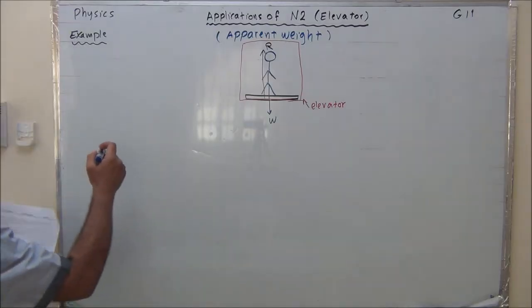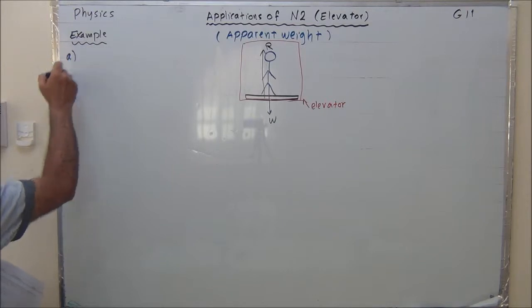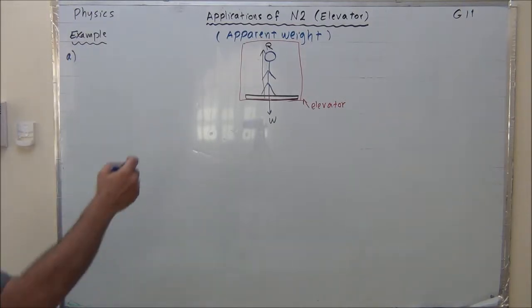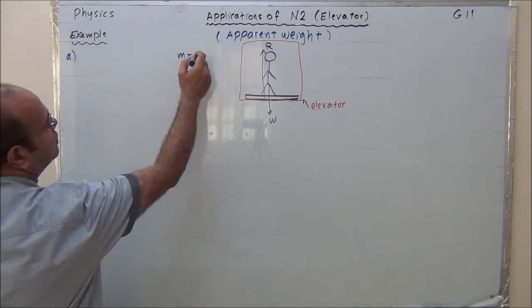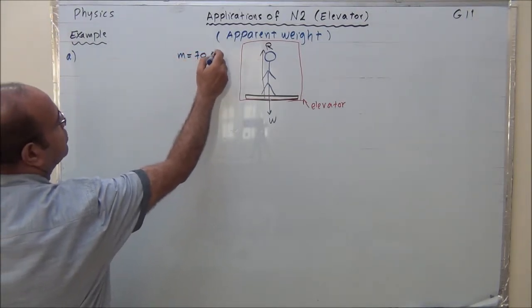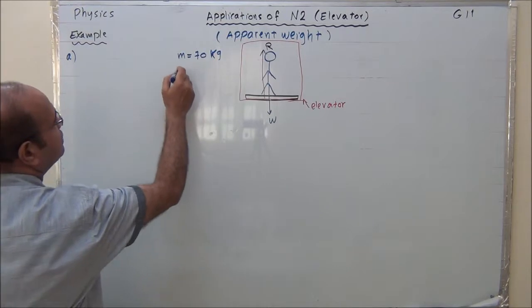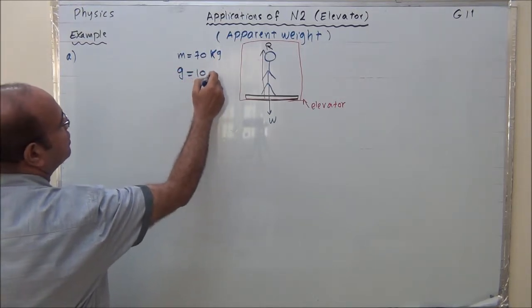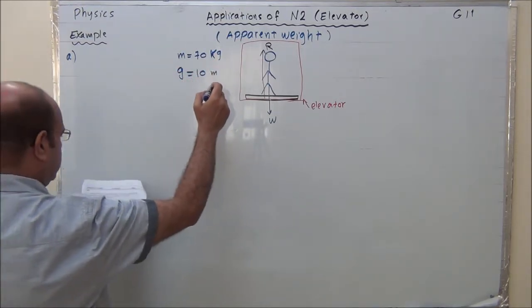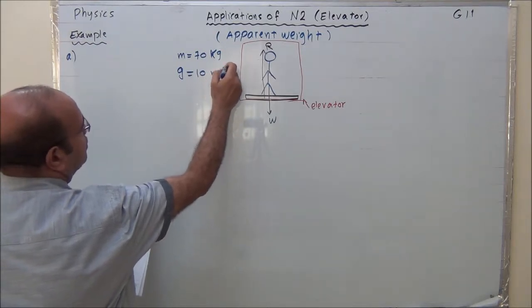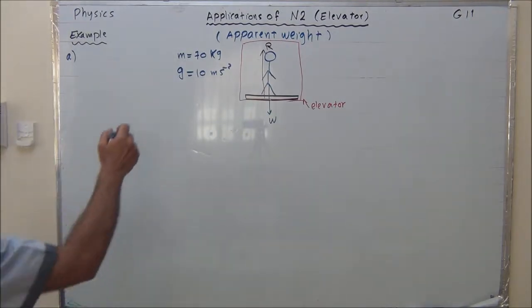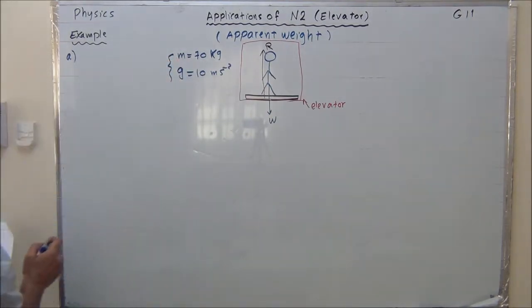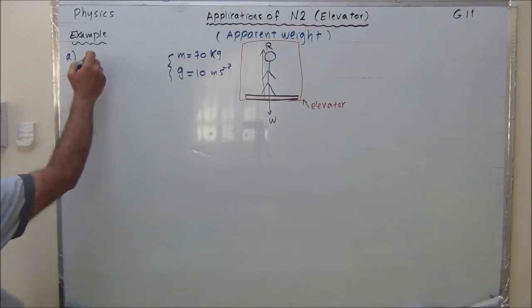Now, the given data for the first part, it is at rest. The mass of the person is 70 kilogram, and the acceleration of gravity is 10 meter per second squared, or 10 newton per kilogram, which is the same. The first case, the lift is at rest.